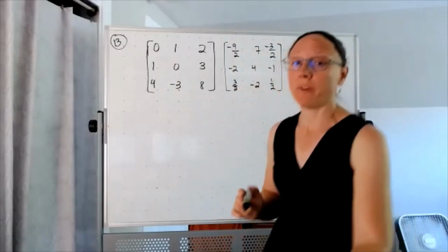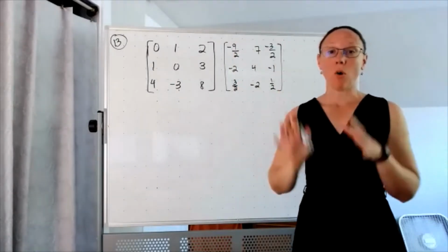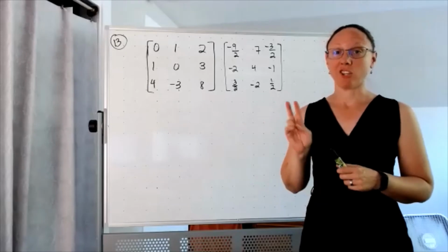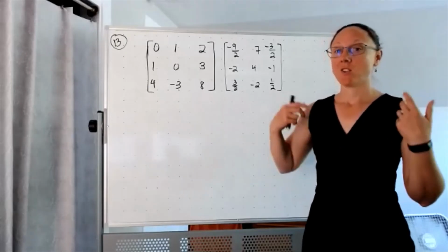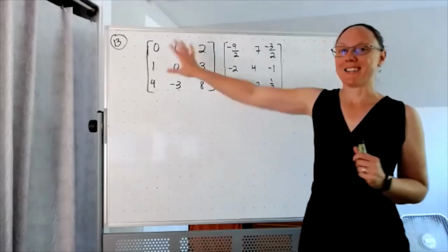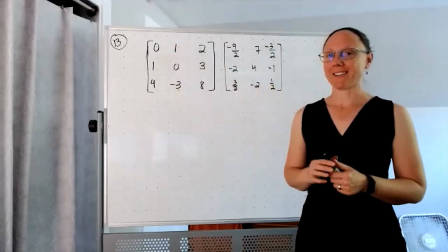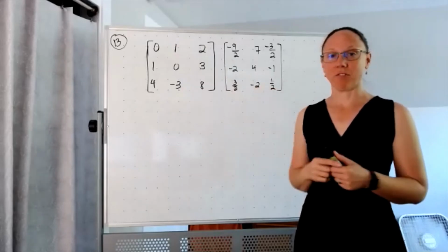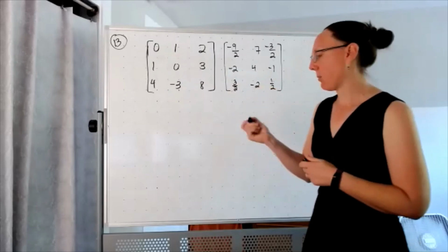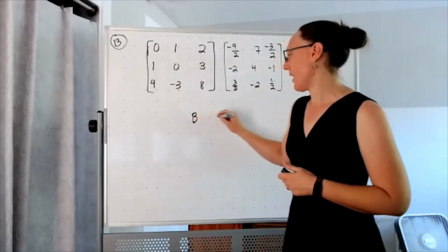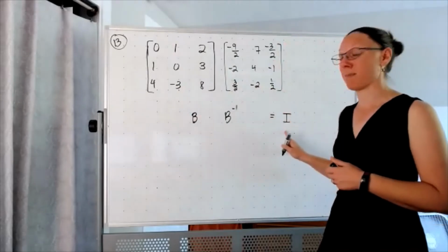Now we did some work with finding the actual inverse of a matrix, but we will only be asked to find the inverse of a 2 by 2 matrix in the context of 17b. So here, we're not being asked to take this matrix and find its inverse. We're being asked to show that this is the inverse, which means we're really being asked to verify this relationship, that if I take B times B inverse, we expect to get the identity matrix back.